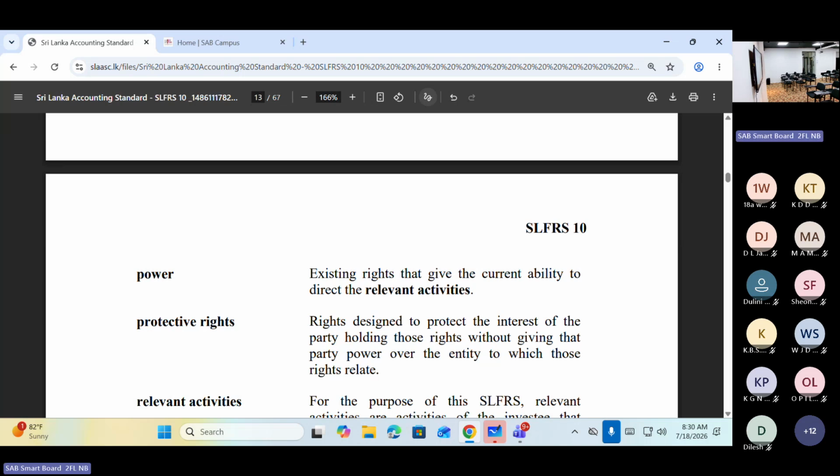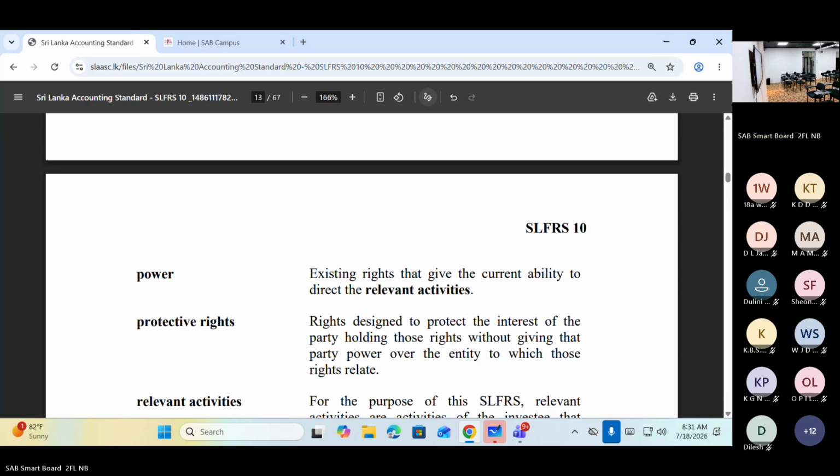Second, the consolidated statement of financial position.